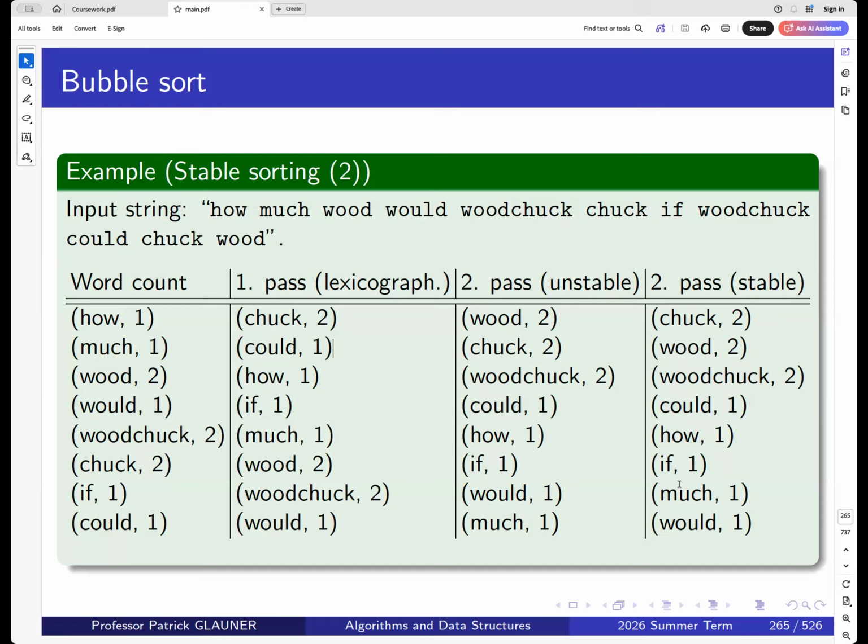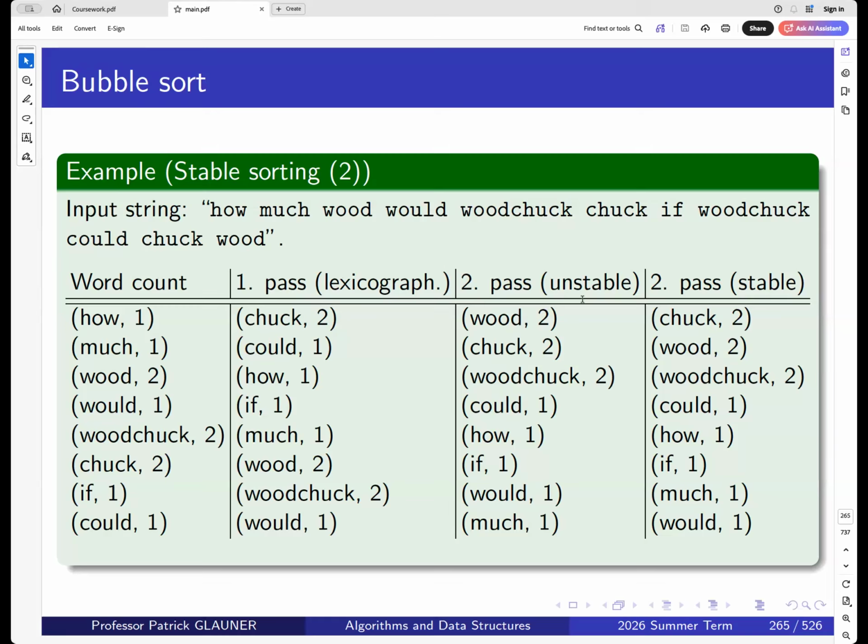This would be the right order with a stable sorting algorithm, because in the first pass I did this alphabetic sort, and then I take that result and sort it with a stable algorithm based on the count. And I would say it's descending then, so all the 2s and the 1s, but the 2s would be in the same order as before, and the 1s would be in the same order as before.